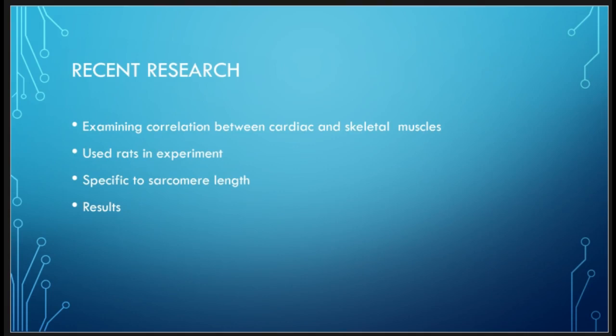Of course, this research looked at the differences between cardiac and skeletal muscle, and the fact that skeletal muscle attaches to bone and usually has that nice fixed point to start from, and then there's the movable part with the insertion and origin. Cardiac muscles really don't have that. So how do these dynamics play out? Does it have to do with sarcomere length?